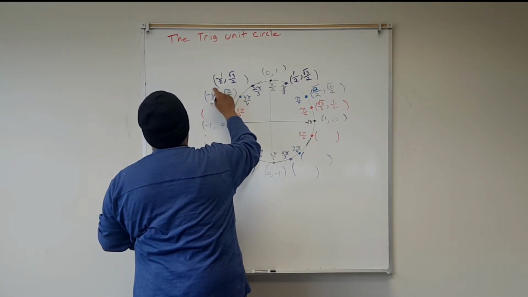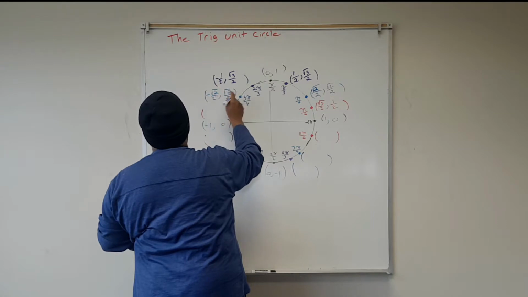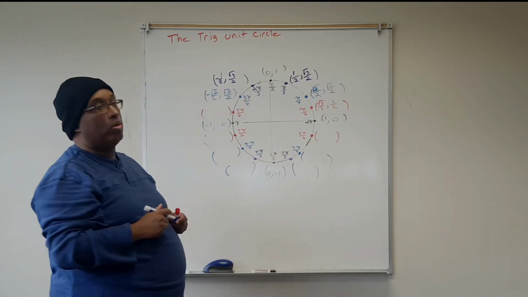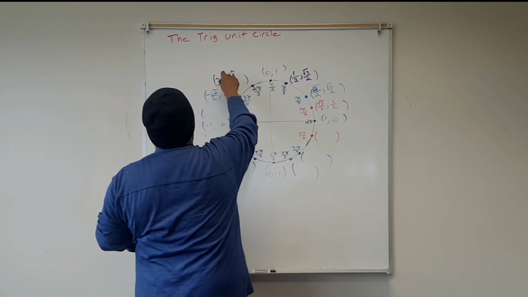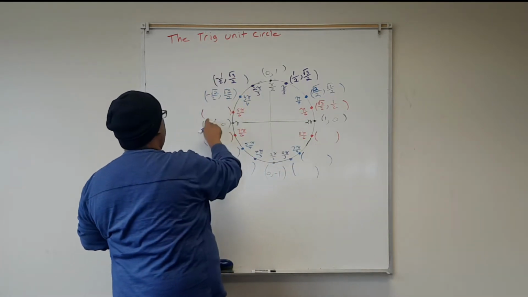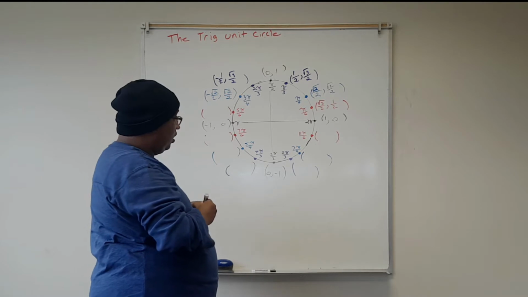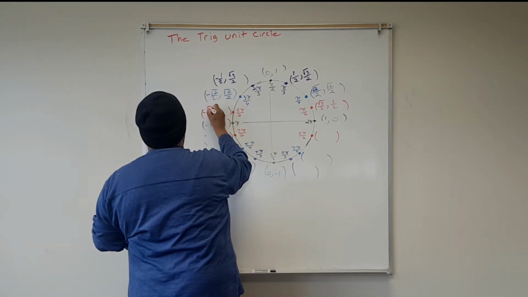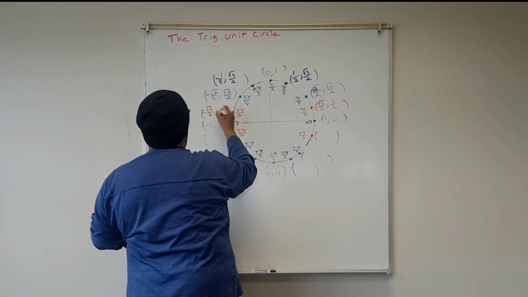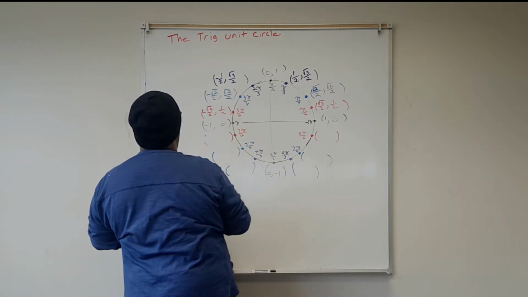So that's negative root 2 over 2, comma root 2 over 2. Here, just like we said before, 1, 2, 3, but now all of these first numbers are negative. So negative root 3 over 2, comma 1 over 2.